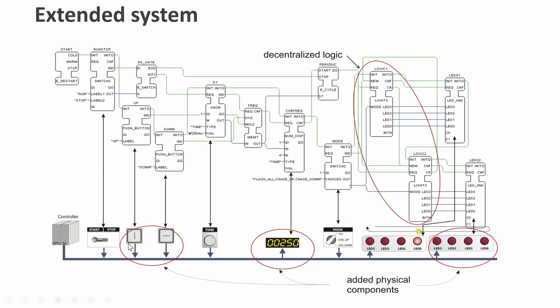And these 2 new buttons, which will implement up and down of frequency, will also come to the function block that will take the frequency from the knob and then provide additional means to decrease or increase it by just receiving the corresponding events.